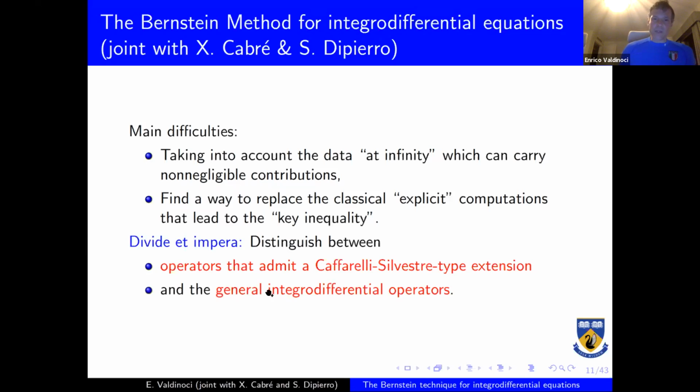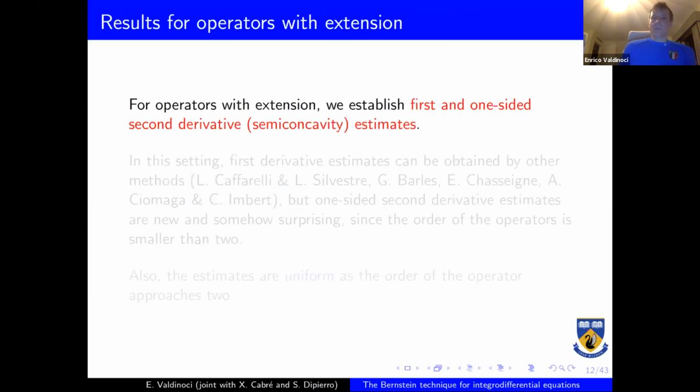And today I will try to say something more about this case as well, which is particularly interesting and I would say particularly difficult. So the two types of operators produce, at least for what we know, different types of results, because operators with extension allow results bounding not only the gradient, but also one side of the second derivative.